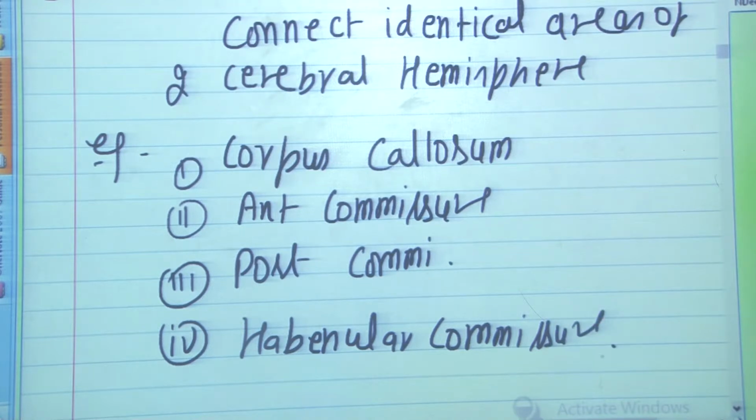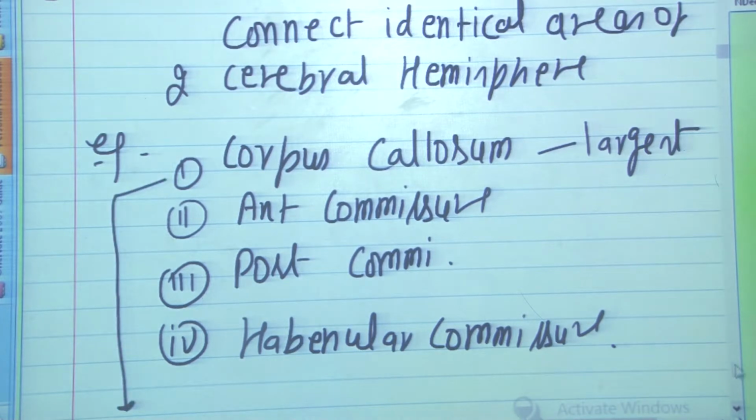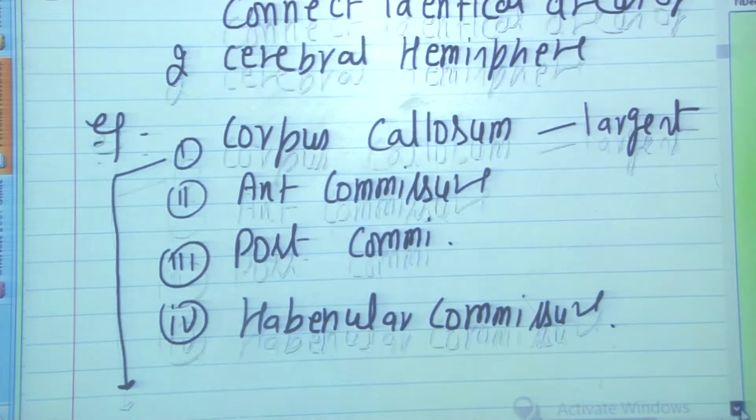So these are examples of commissural fibers, and corpus callosum is the largest commissural fiber. Now we discuss corpus callosum. This is the largest commissural fiber.